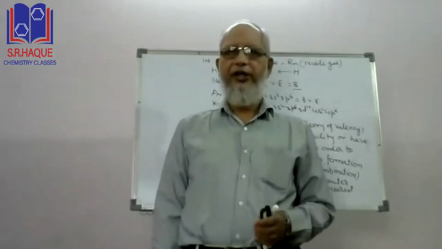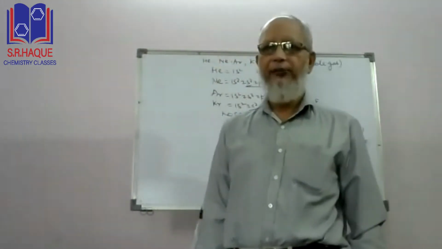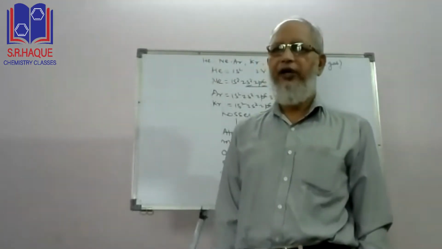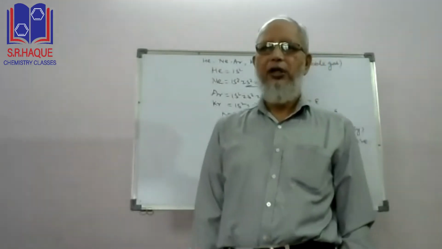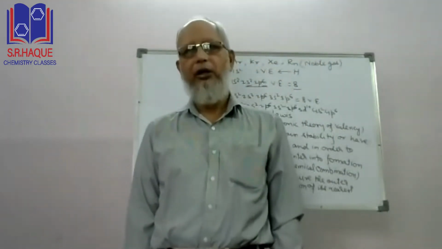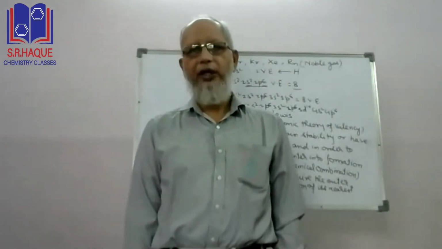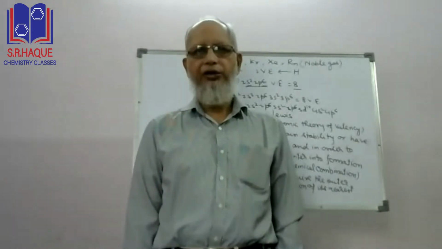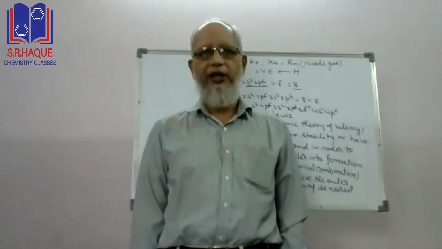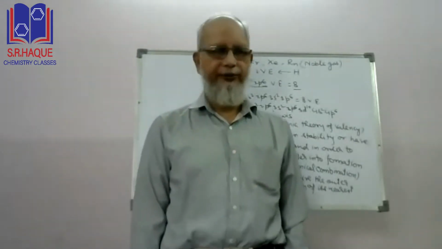Now, before studying the different types of chemical bonds or the different ways in which atoms can combine to form a chemical bond, we should know how to write the Lewis dot structure of the atoms of an element, and how it is helpful in finding the valency of the element.